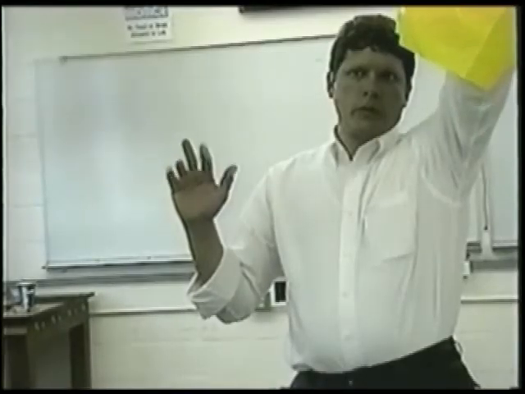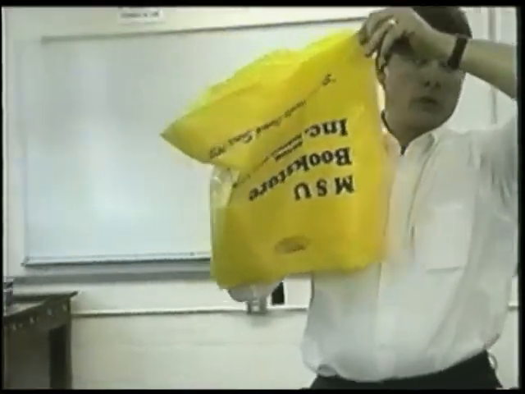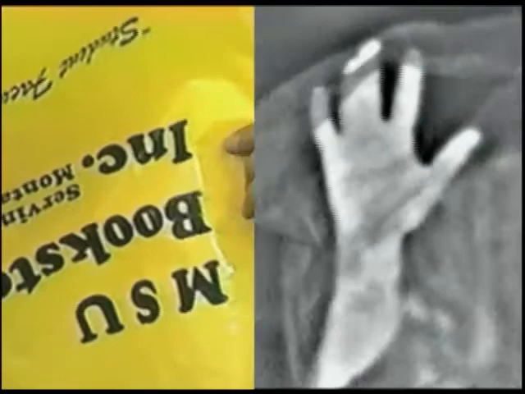This is Greg's hand, but with that plastic bag over it, we can't tell what that hand is doing. For all we know, Greg could be giving us the finger. But with the infrared camera, we can see right through that bag. He's giving us two fingers.